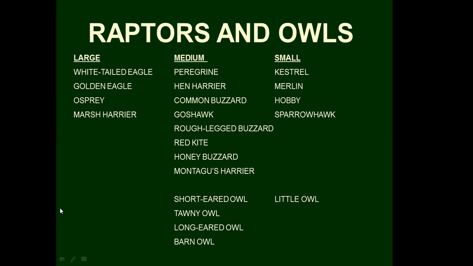Now, the aficionados amongst you will look at this and say, well, hang on a minute, we've got sparrowhawk in small, but we know that a sparrowhawk is actually not just one size. We know that the female is sometimes substantially larger than the male.